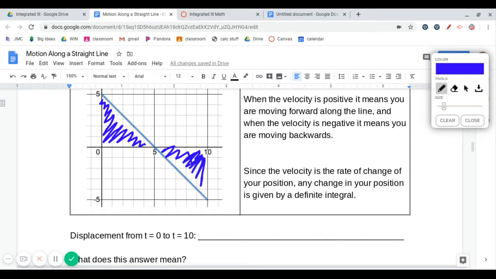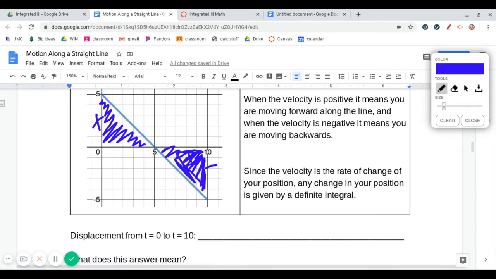This one will be a positive integral, and this will be a negative one, which means our displacement will be 0. Not a loop, I should say, a straight line out and back. We ended up back at our starting point.